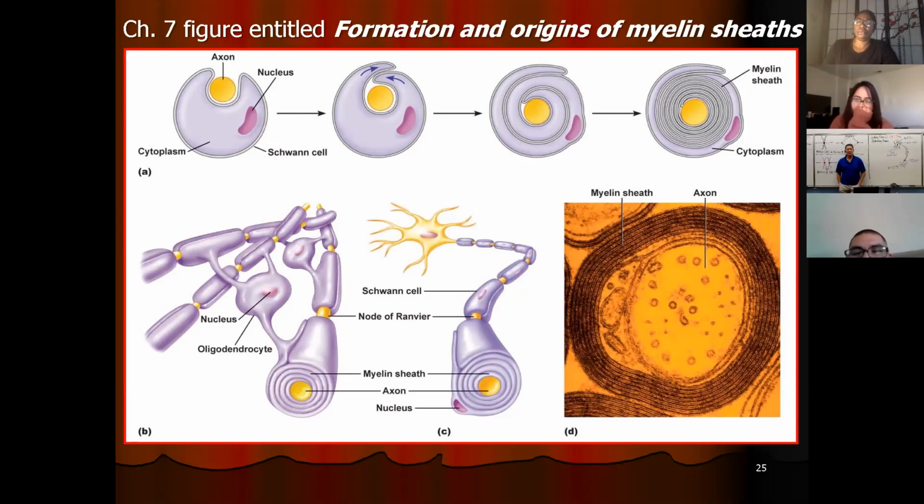All right, now when you look at this, what you need to know is that all of the axons are in neurolemmocytes in the PNS, all of them. If they just sit in the neurolemmocyte, this is an unmyelinated axon. It's just kind of sitting in it. But when a neurolemmocyte wraps itself over and over again, this is what is myelinating the axon, because now there's hardly any cytoplasm.